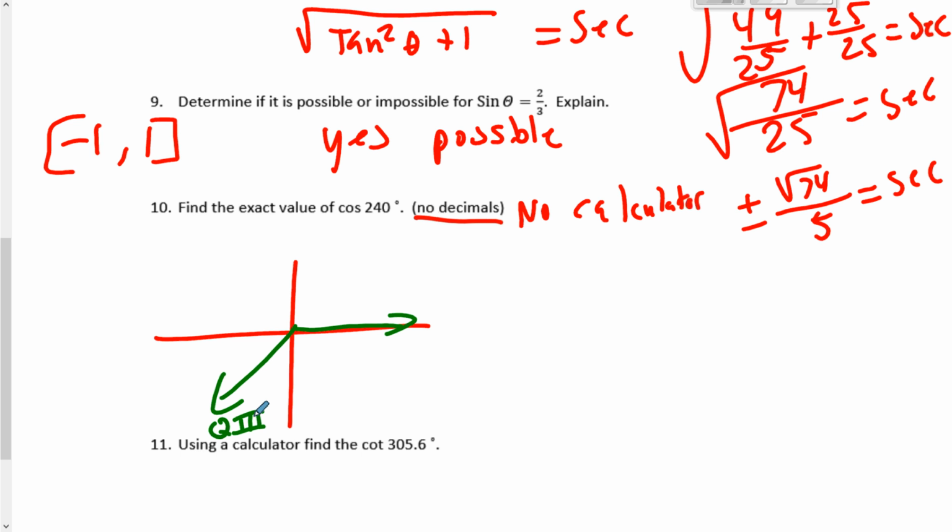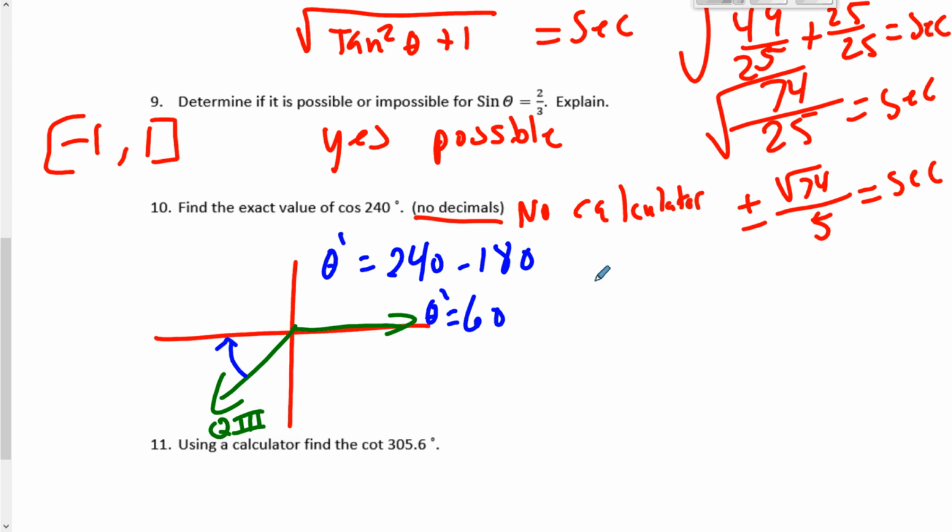So cosine is negative. But what you can do is you can find the reference angle. How far is it back to 180? So if I take 240 and I subtract 180, I'm finding my reference angle. My reference angle is 60 degrees.